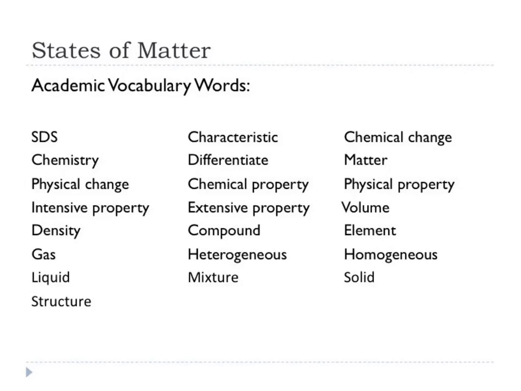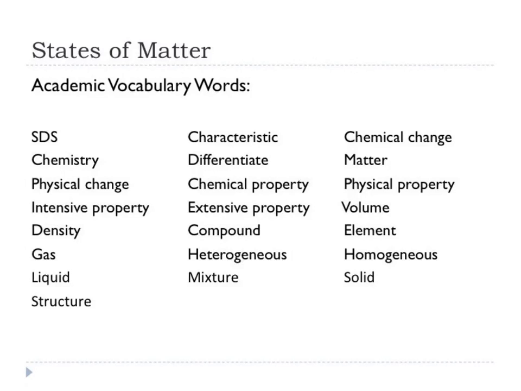Okay? So you need to know what an SDS is. You need to know what chemistry is, physical change, intensive property, density, gas, liquid, structure, the word characteristic. If I said differentiate, you need to know what that means.